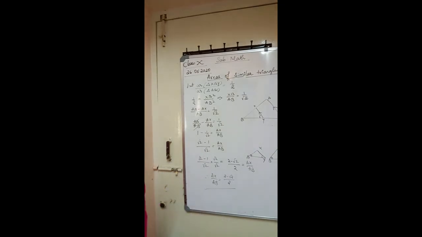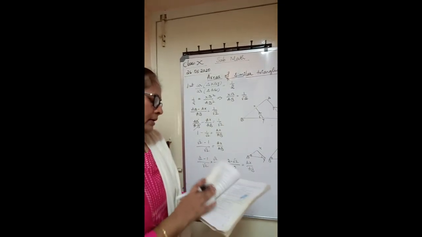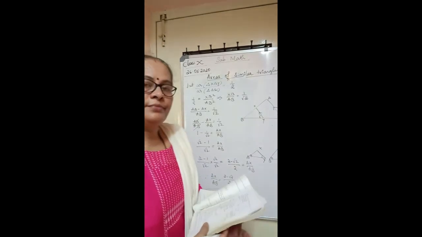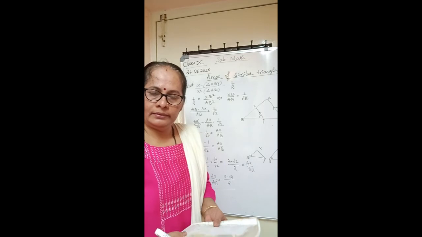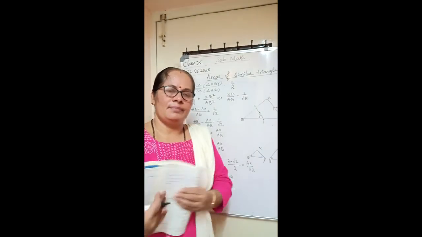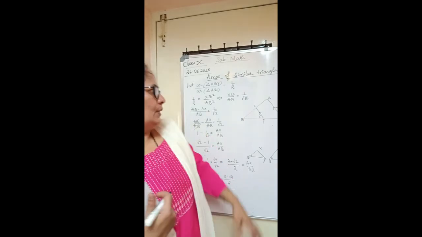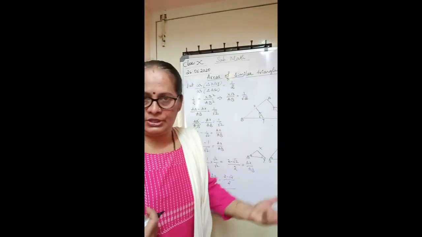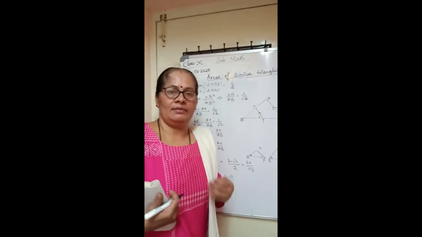So, this is given in your textbook, page number 143. Okay. Now, today we learned the application of similar triangles, how we can apply similarity criteria in different situations when medians, perpendiculars, angle bisectors and perimeters are given.